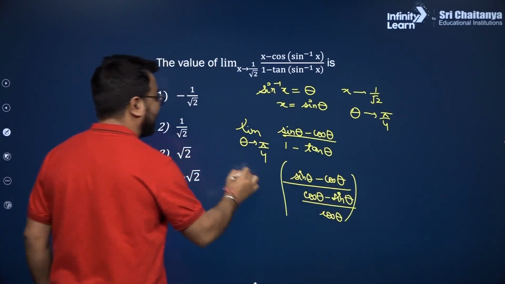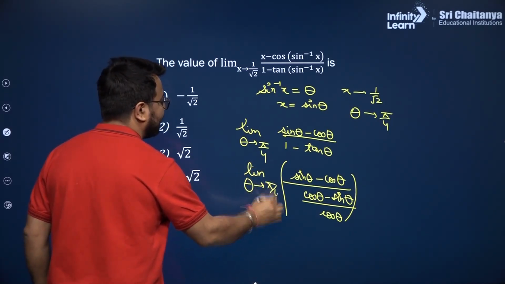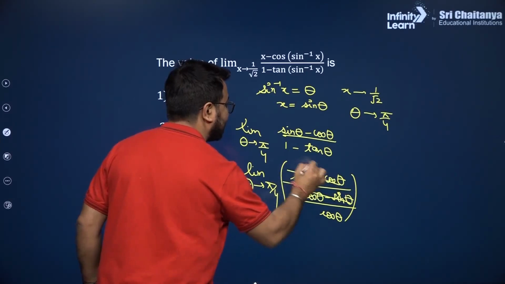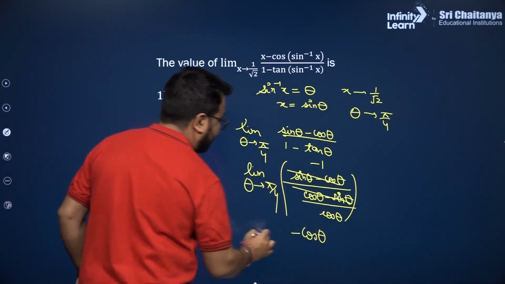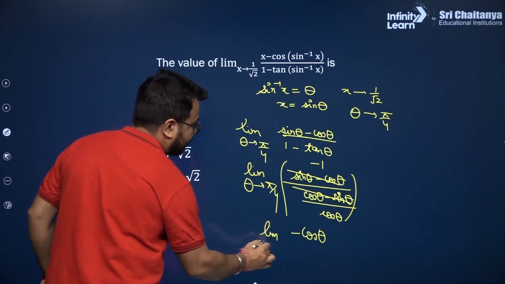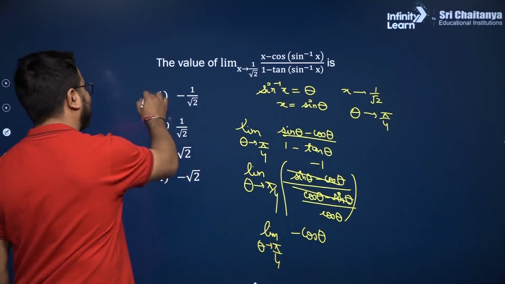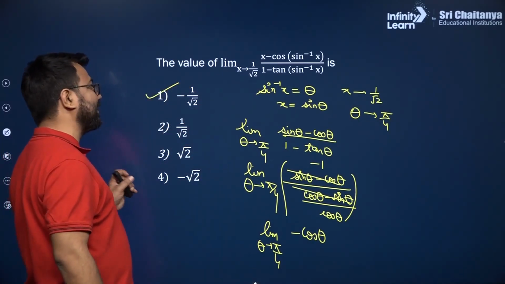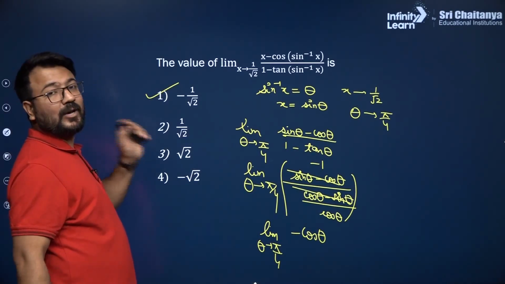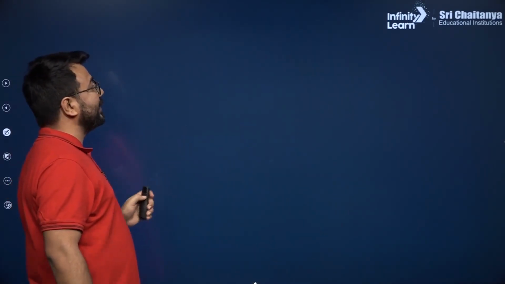So if I try to cancel sine minus cos and cos minus sine, will it be possible for me? Yes, it will be possible. So we are left with only minus cos theta, and theta is tending towards pi by 4. If I put the value of pi by 4 here, I get minus 1 upon root 2. So minus 1 upon root 2 will be the final answer. Are you able to understand how we got this solution? If this is clear to you, then we can go ahead with the next question.